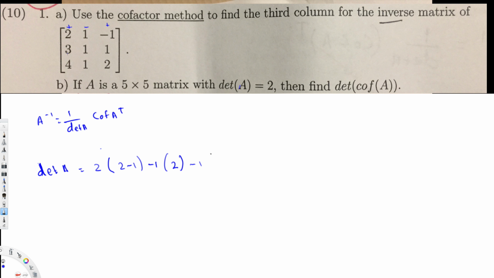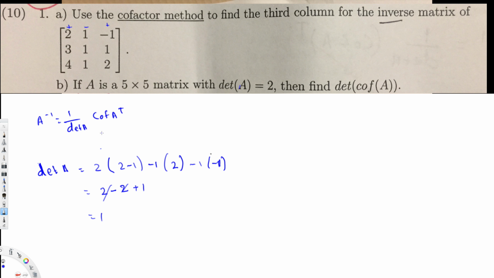If I take minus 1, I will get 3 times 1, 3 minus 4 is going to be minus 1. So 2 times 1 is 2, minus 2, plus 1. So the 2s cancel each other, and the answer is 1. So this is my determinant A.